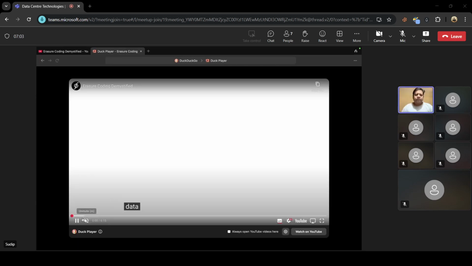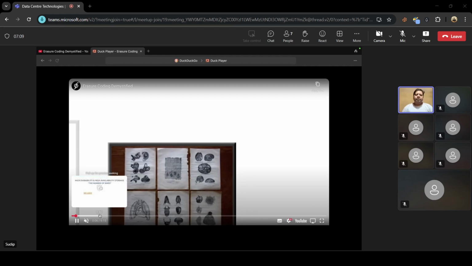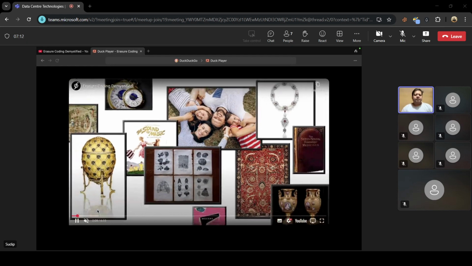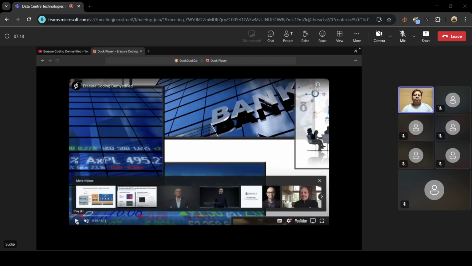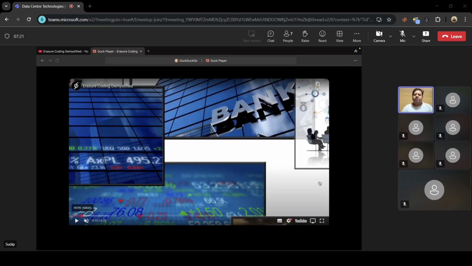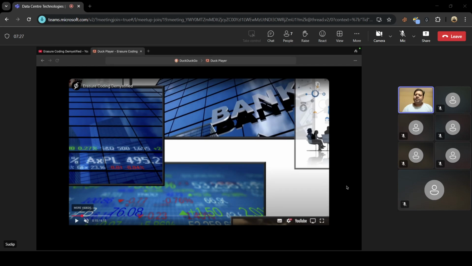So first, a little history about erasure coding. What we have seen is, when we had hard disks, RAID came into the picture, and it allowed us to protect the data from any kind of hardware failure, or the same technology can be used to retrieve data even in case of software level corruption at the file system level. And we saw there are three different types of RAID: RAID with striping, RAID with mirroring, and RAID 10, which is a combination of both striping and mirroring.